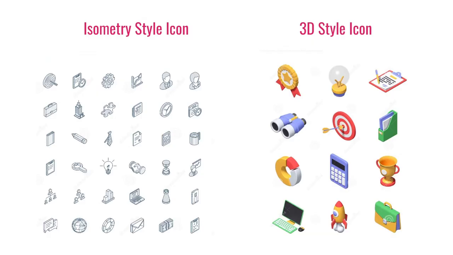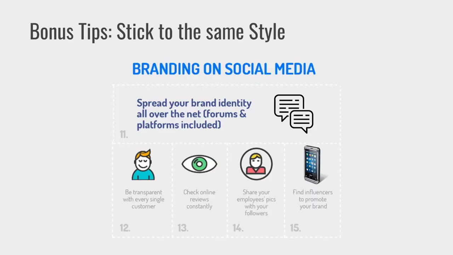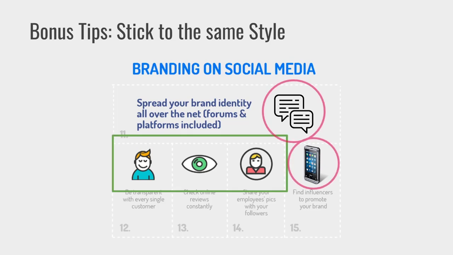And then we have an isometric style of icon, and then the 3D style of icon. If you use the types of icons that I mentioned just now, you need to maintain the same style over your design. Okay, so this is the example. In this infographic, there are certain icons that use a different style. This one shares the same style of icon, while these two icons share a different style.